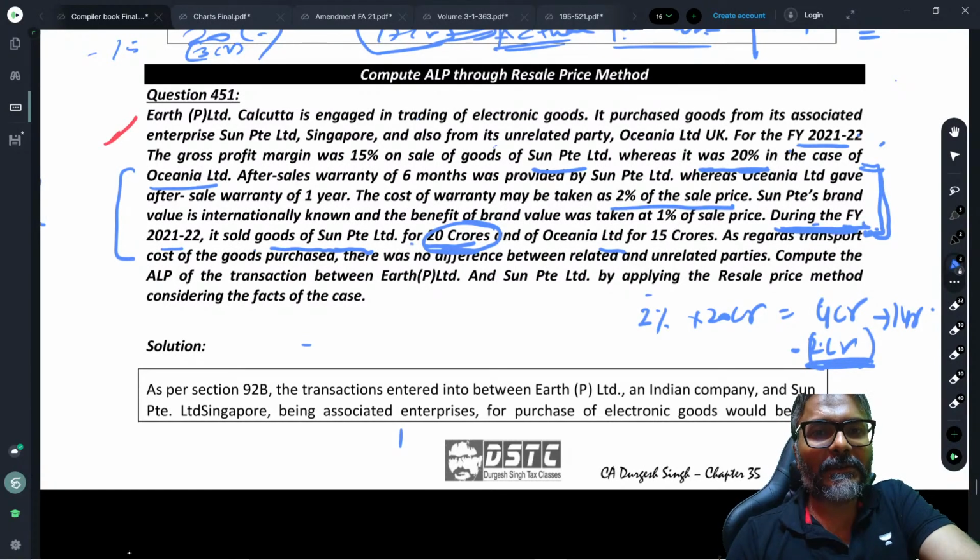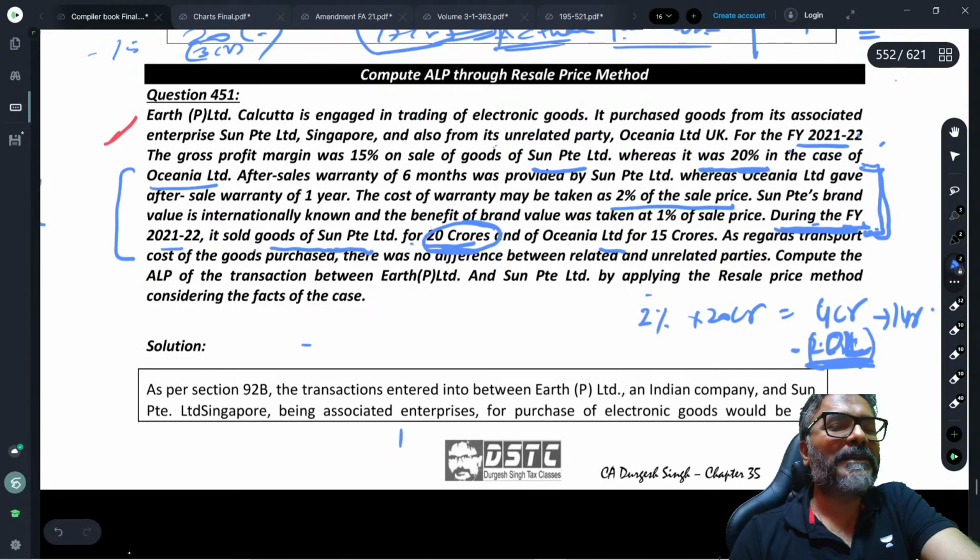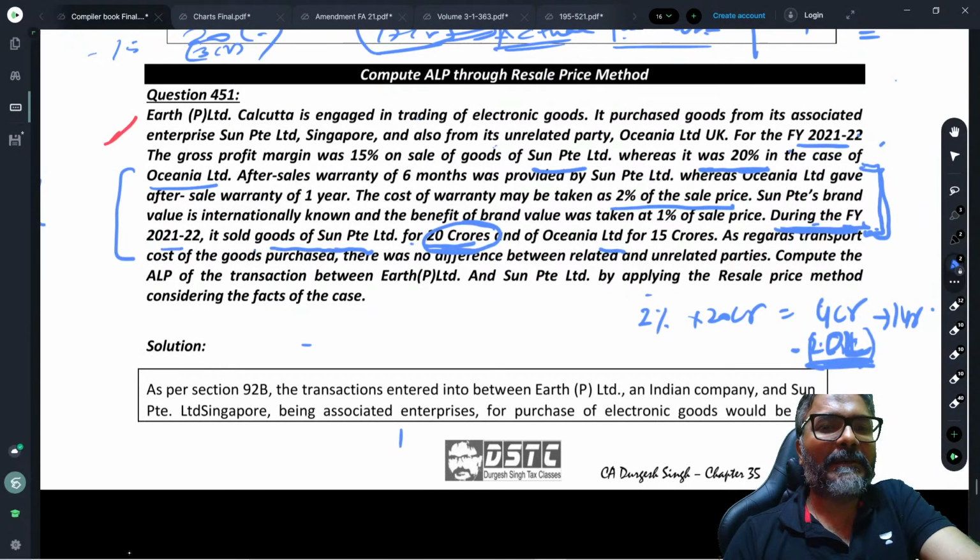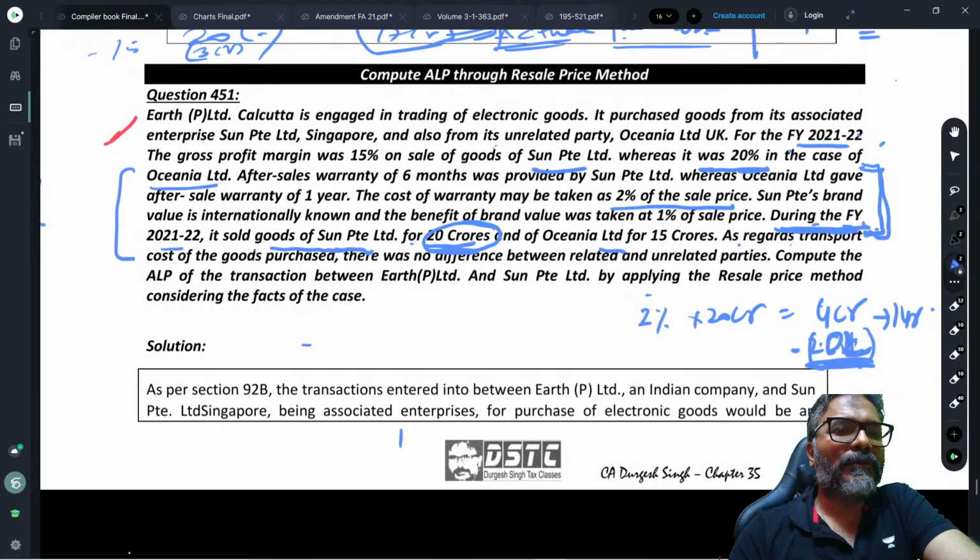Sorry, 20 lakhs. 2% is 20 lakhs. Herein, in this case, as regards transportation cost of the goods purchased, there was no difference.